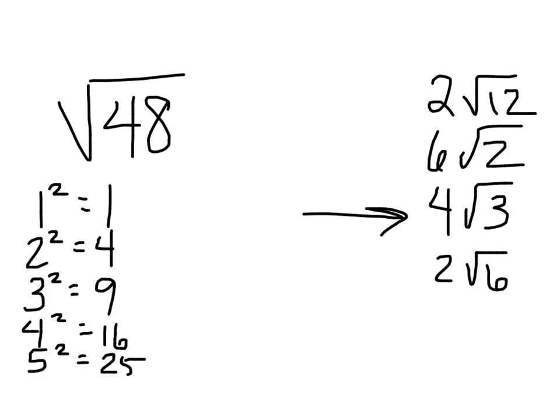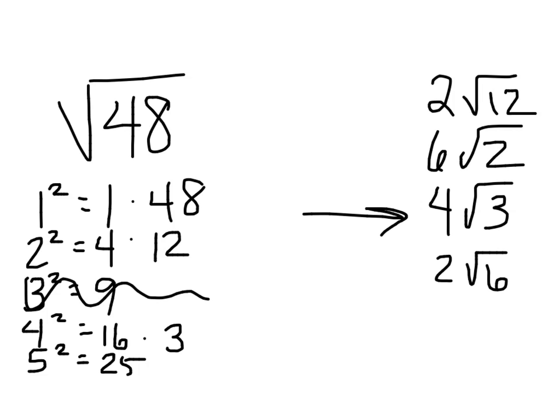Then you were asked, of those numbers, 1, 4, 9, 16, 25, 36, what numbers multiply together to give you 48? 1 times 48, 4 times 12, which is what some of you were thinking of, 9 times nothing, 16 times 3, 25 times nothing, 36 times nothing, 49 is too high. The largest one that works is the one you'd use.